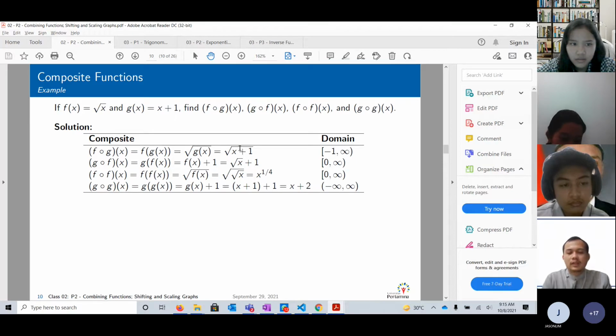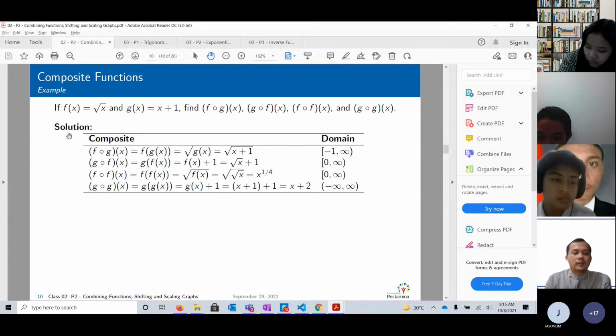Before, the x plus 1 is inside the square root. Now only x is inside the square root, and plus 1 is outside the square root. So we have a very different form of f composed with g and g composed with f. They are very different in this case.